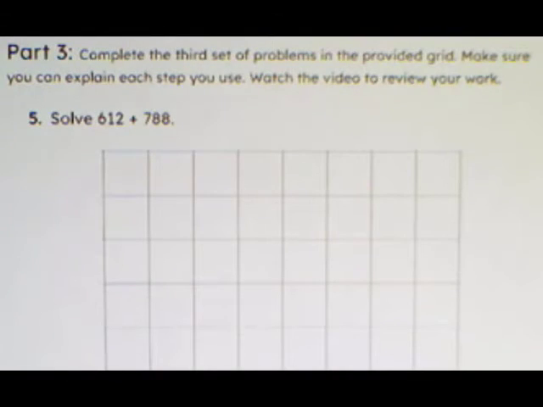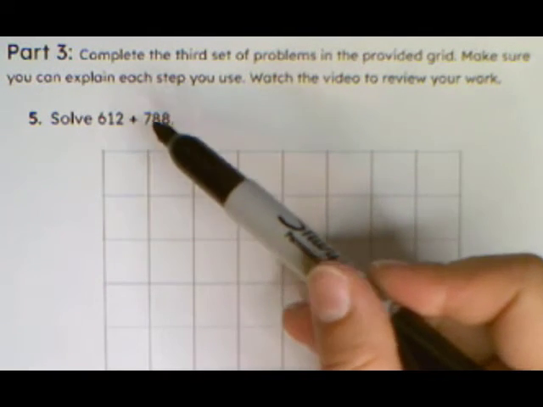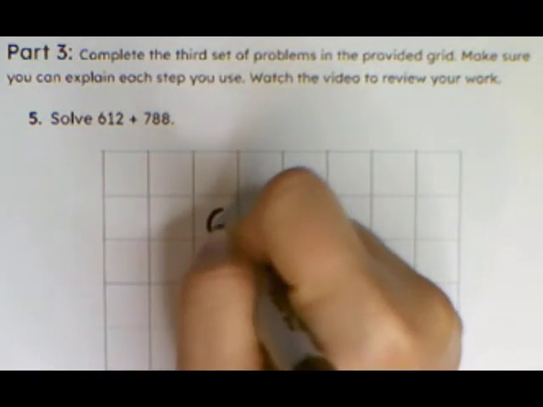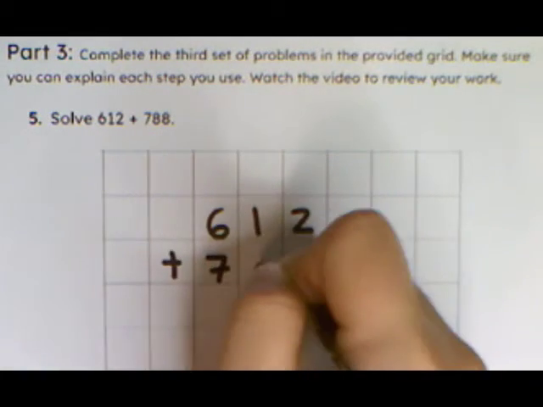In part 3, problem number 5, we're asked to combine 612 and 788, or solve for 612 plus 788.